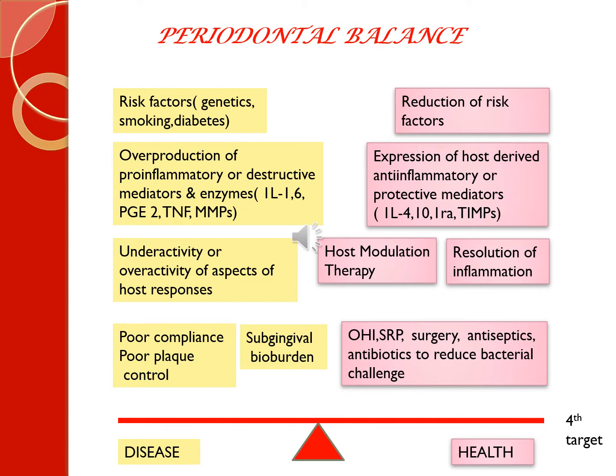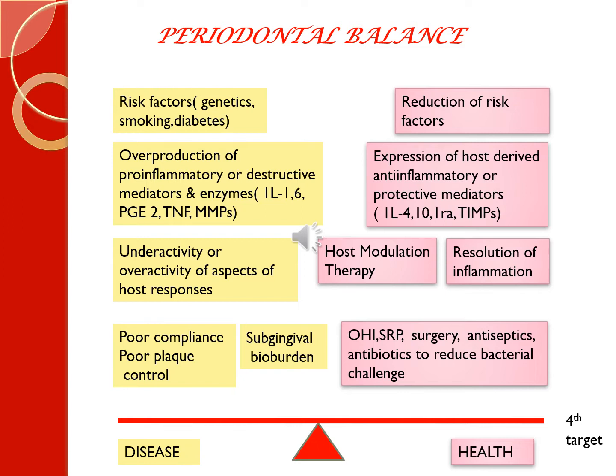So if you need to shift the periodontal balance from the disease side towards the healthier side, of course you can reduce the risk factors. That is, you can educate the patient to stop smoking and maybe educate the patient to get his or her sugar level under control. But genetics is one thing which we cannot really control. So you just ask them to reduce the amount of risk factors.